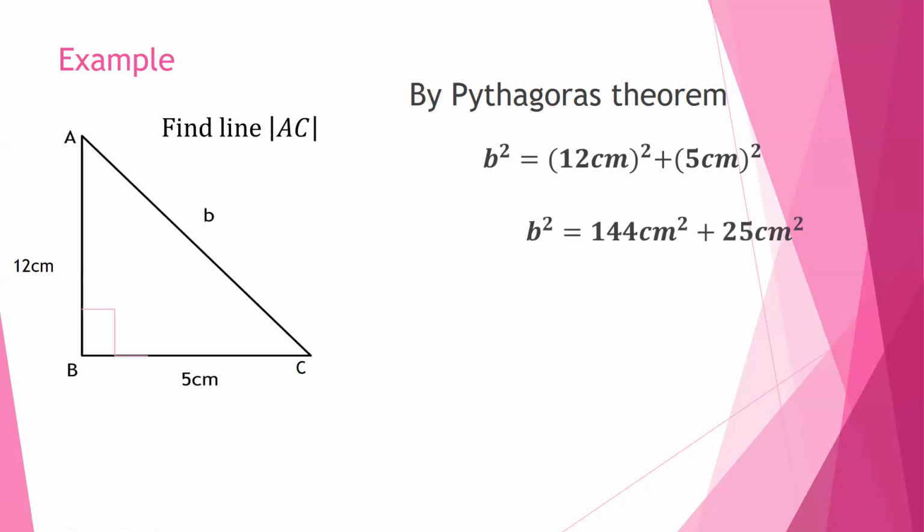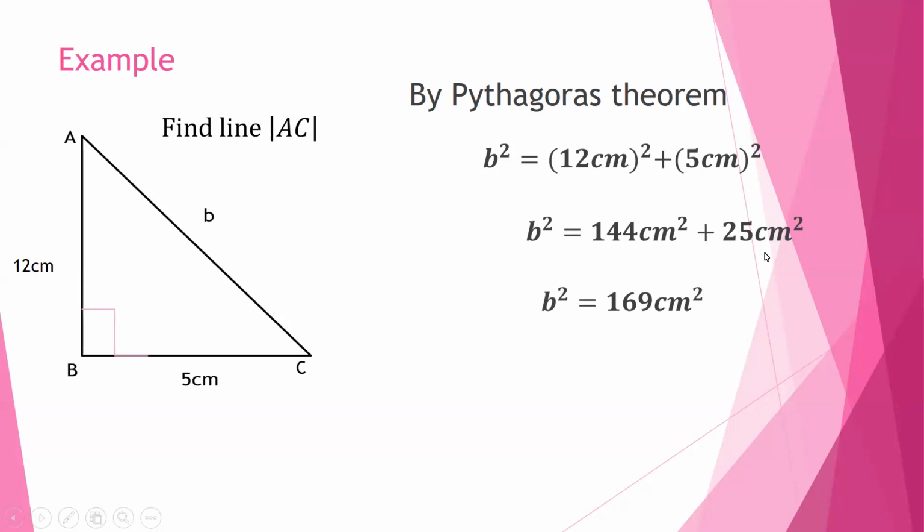So B squared is equal to 144 centimeters squared plus 25 centimeters squared, right? Okay, so B squared is equal to 169 centimeters squared.